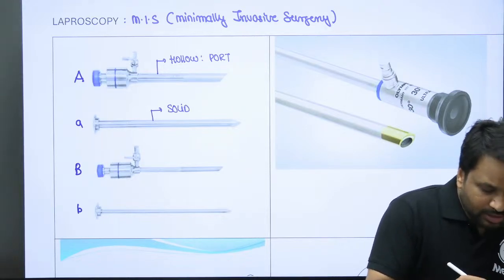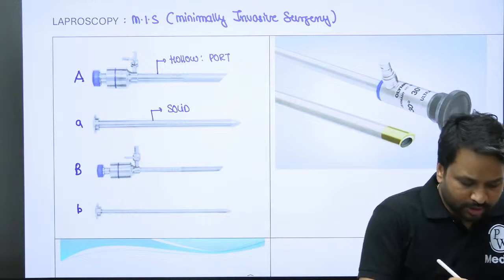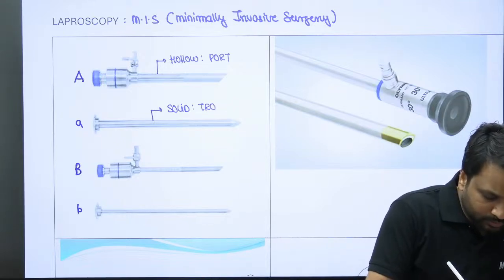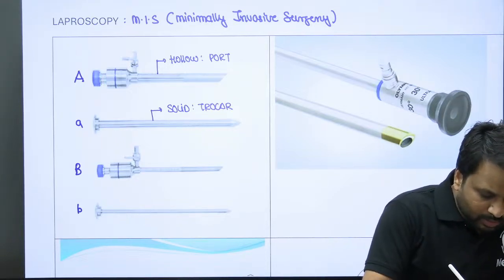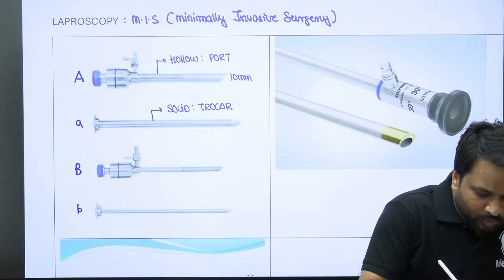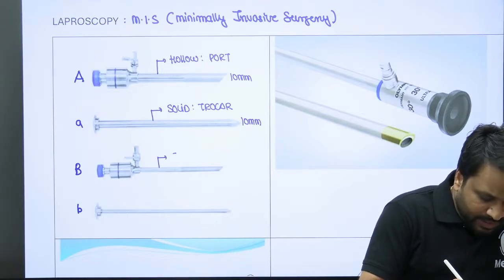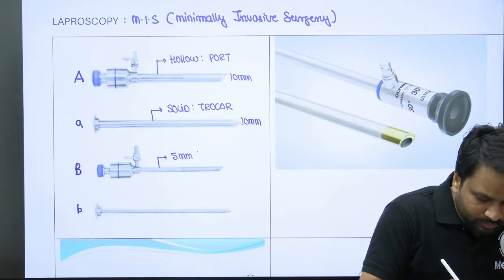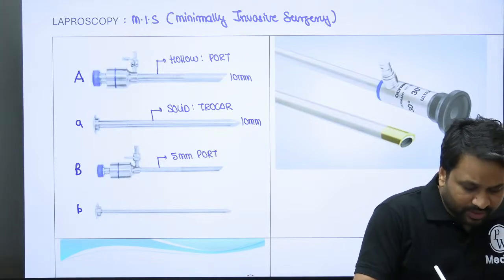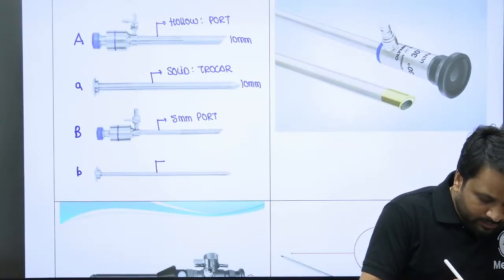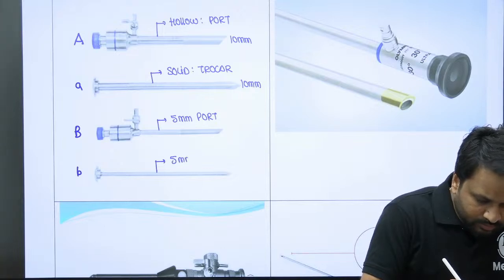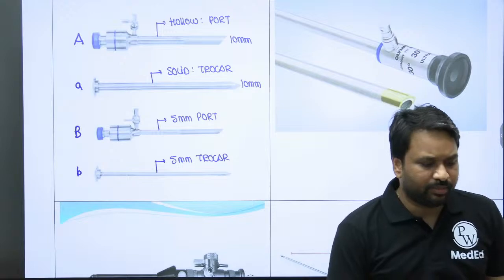So when you touch them, this is going to be hollow, this is going to be solid, solid is going to be trocar. Now, the bigger one is what we call a 10 millimeter port and a 10 millimeter trocar. This is a 5 millimeter port and a 5 millimeter trocar.